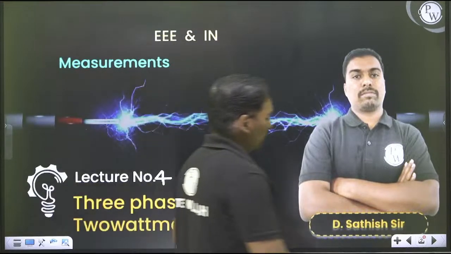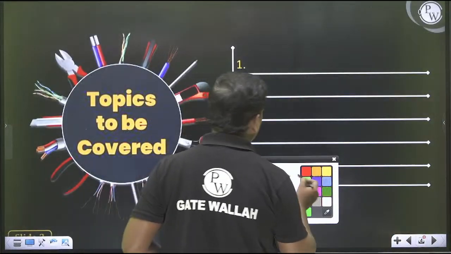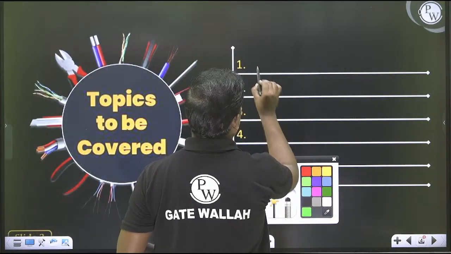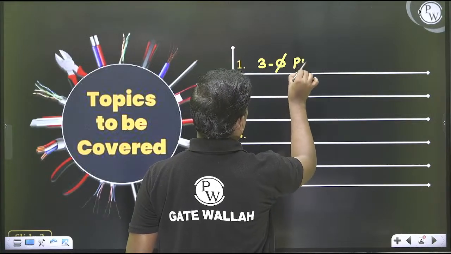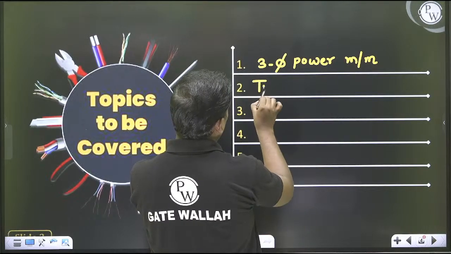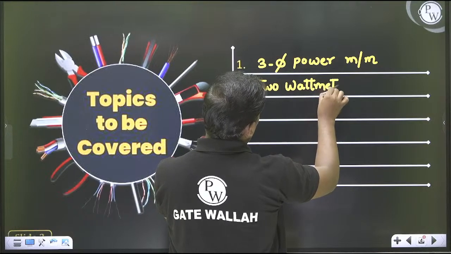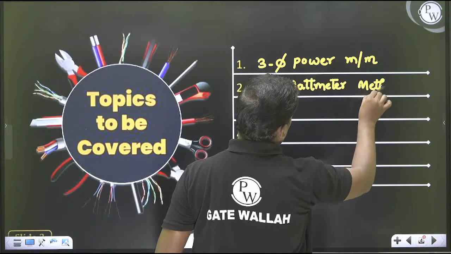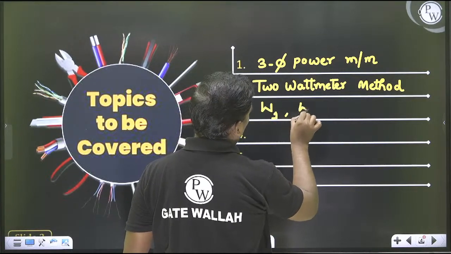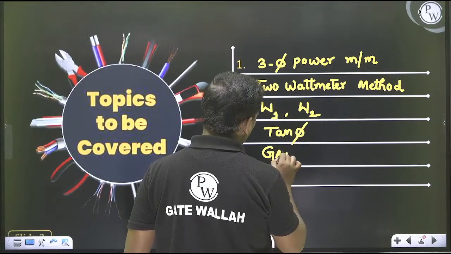Okay, so yesterday we have discussed, today we will discuss what is the 3-phase power, two-wattmeter method, expression for W1, W2 expressions, tan phi, and some GATE PYQs also will be discussed.